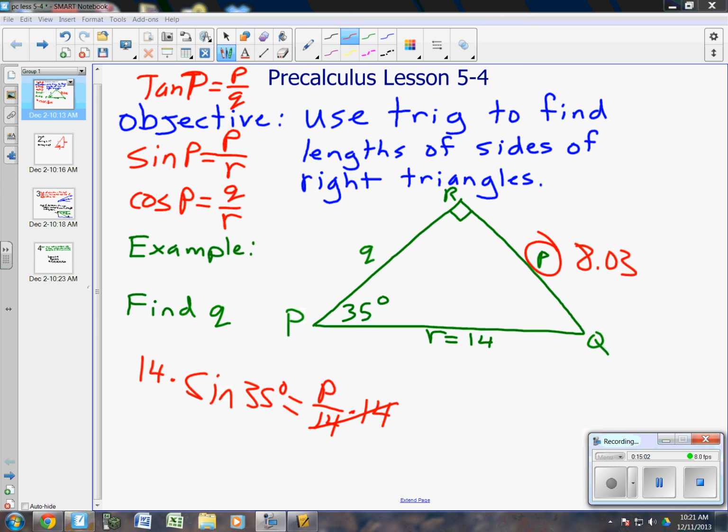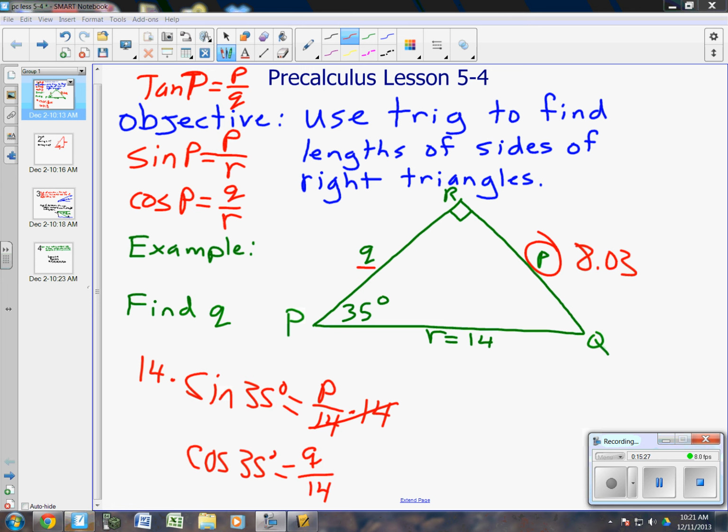Okay? Now, Q. If I want to know Q, I'm going to use the cosine one because I have R and I have angle P. So I'm going to go cosine of 35 degrees equals Q over R, which is 14.